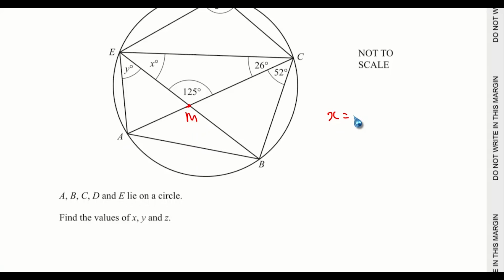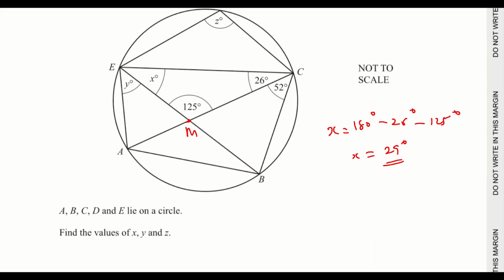X will be equal to 180 degrees minus 26 degrees minus 125 degrees. That will give you the value of X, because it is straightforward. So X will be equal to 29 degrees. Okay, so X equals 29 degrees. Now for Y, let's see.